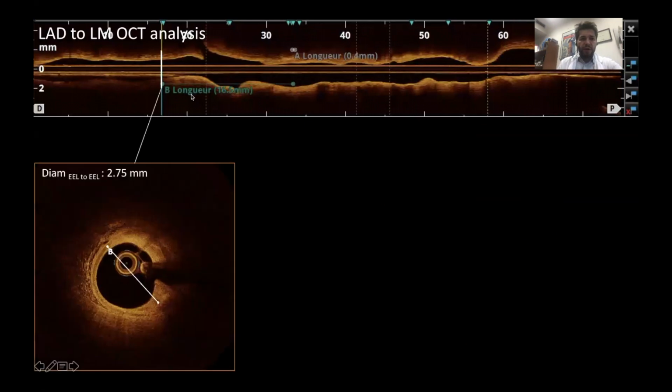Finally, we're able to identify here a decent, not great, but decent landing zone. You see here with an EEL to EEL diameter measured at up to 2.75.